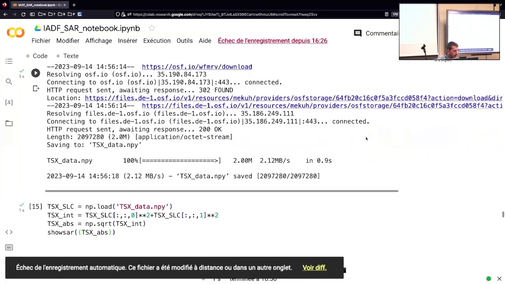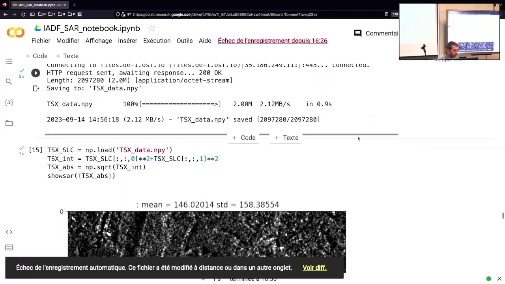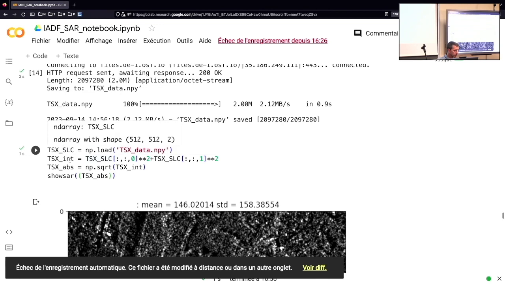In this case, the convention is not the same as before. In the image that you have downloaded, the image is composed of 2 channels, where the first channel is the real part and the second one is the imaginary part. So you just need to know it when you download the image so that you can properly produce the intensity and the amplitude.